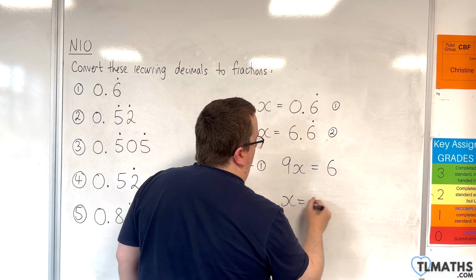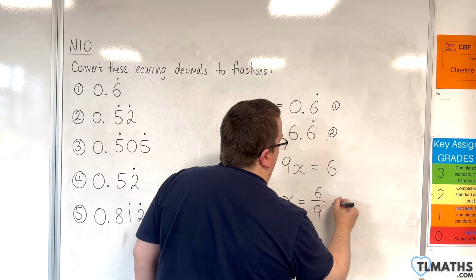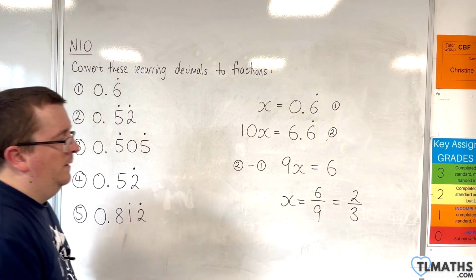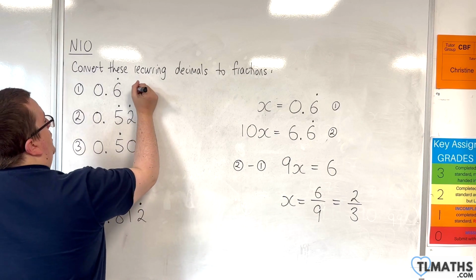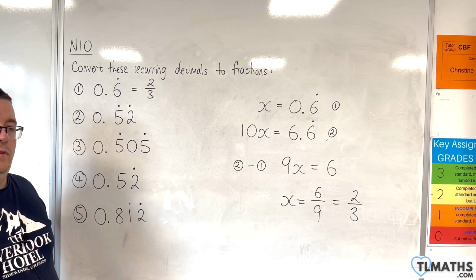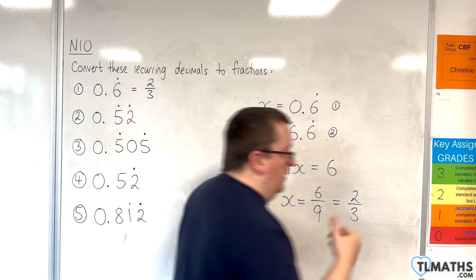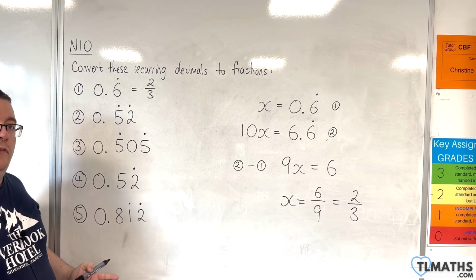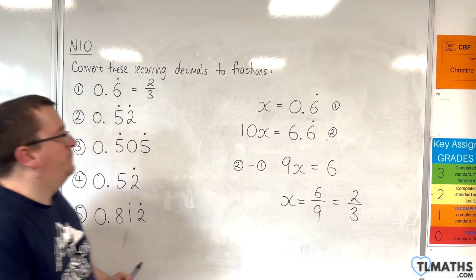So x will be equal to 6 over 9, which is the same as 2/3. So 0.6 recurring is 2/3. Okay, and that's the same algebraic process I'm going to use throughout these 5.